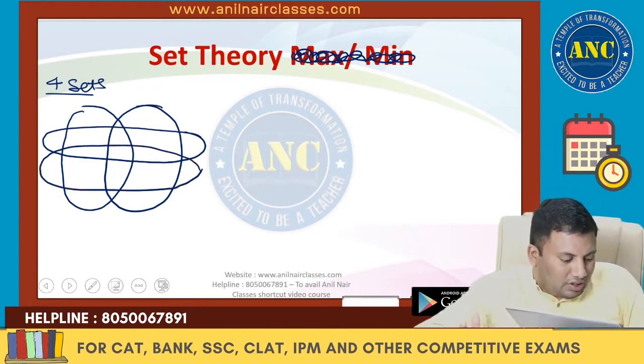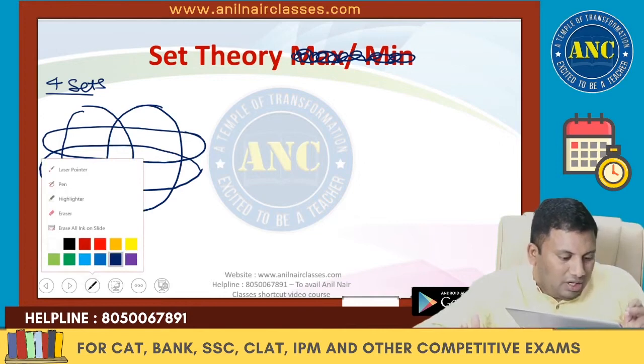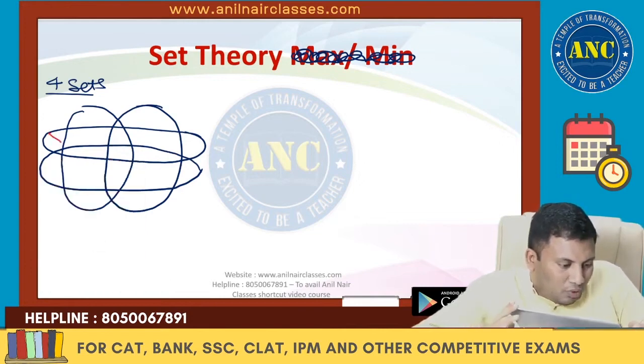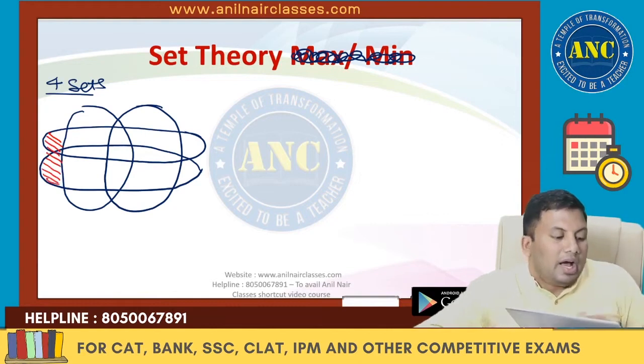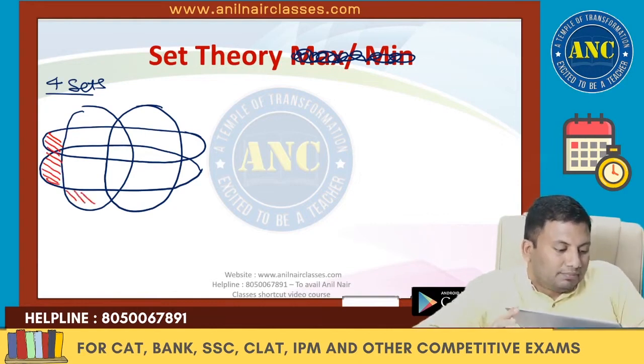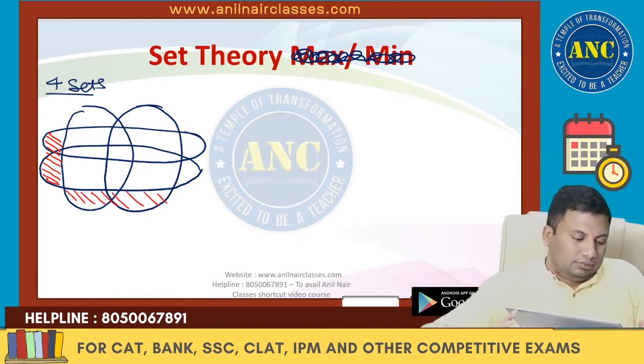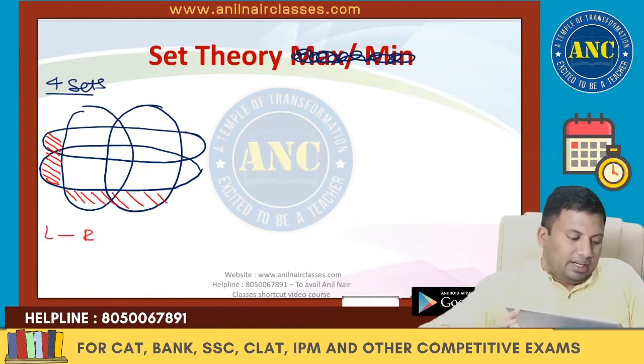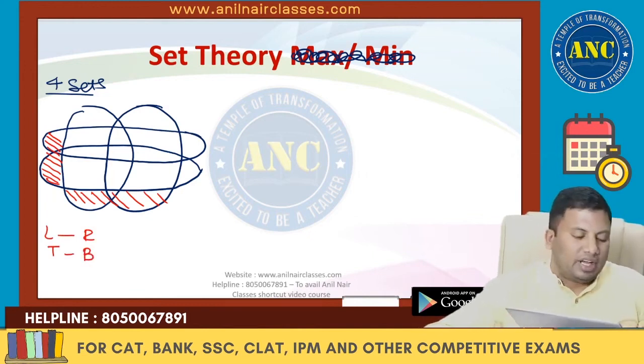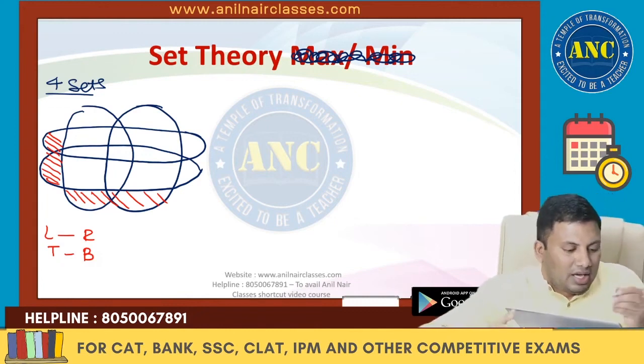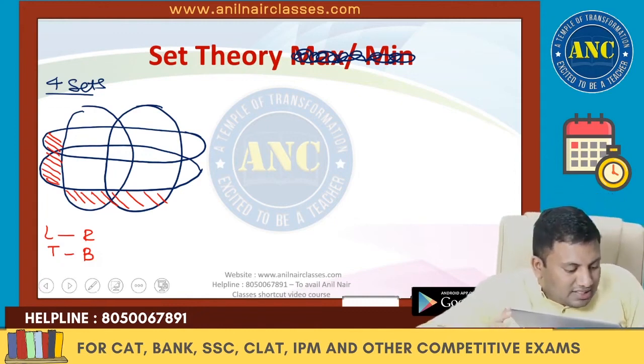So total 22 regions. So I will remove the left side, I will remove this bottom. Anything can be removed, right? Left, right, top, bottom. Either you remove right or bottom, or you remove left or top, anything. If I remove it, please see here how I am drawing the diagram.